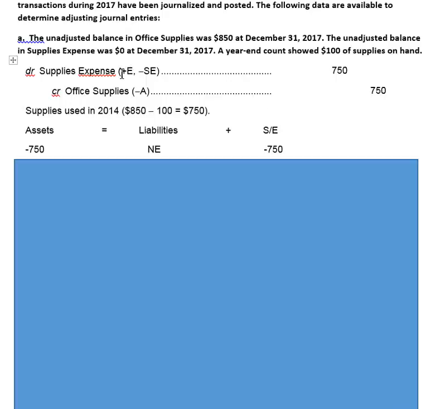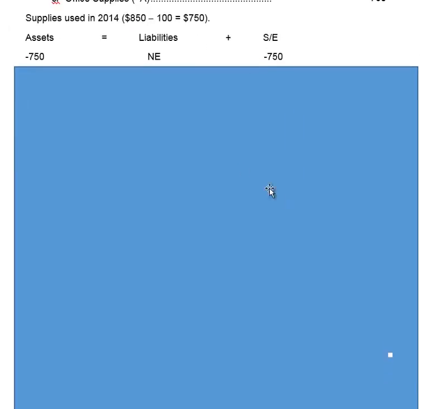When expenses go up, it decreases net income. If income goes down, that means your retained earnings is less, and when retained earnings is less, your shareholders' equity is less. So you can see what happens on the left side of the equal sign is the same as what happens on the right side. So the accounting equation is in balance.